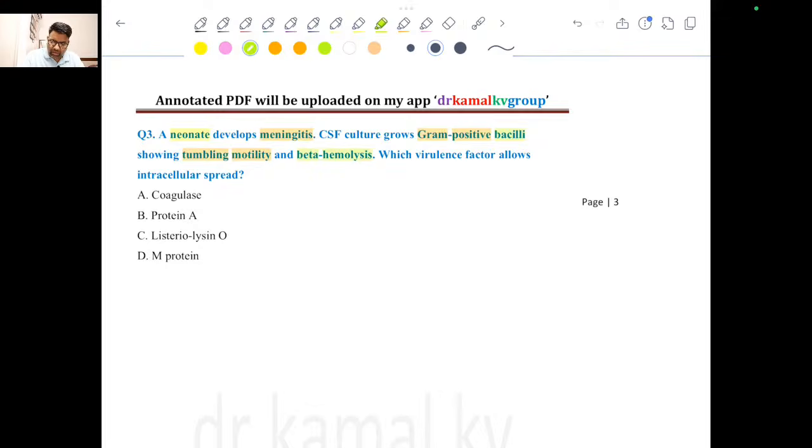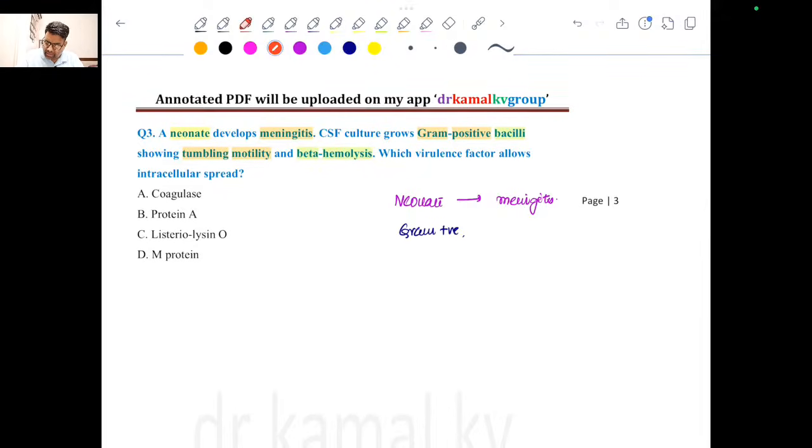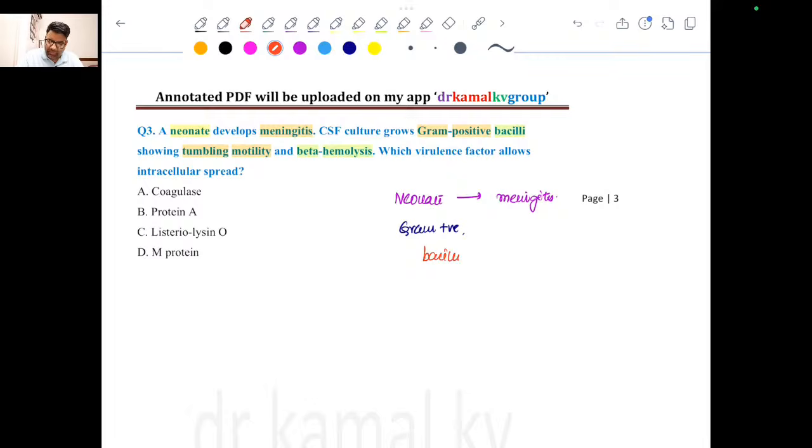So, neonate with meningitis, then gram positive bacilli, okay, so rod form, and tumbling motility, then beta hemolysis.